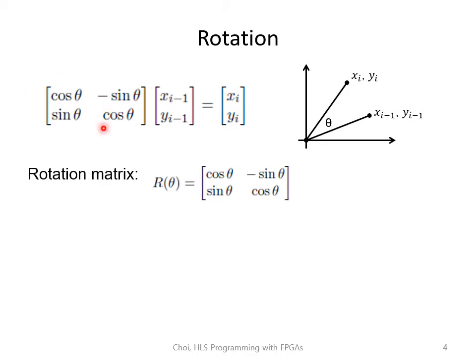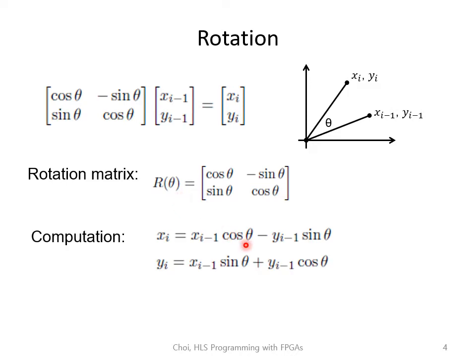This matrix is called the rotation matrix, R theta. The new coordinates after the rotation are shown here, but you can also see that this equation requires many multiplications. So let's try to get rid of these multiplications in the next slide.